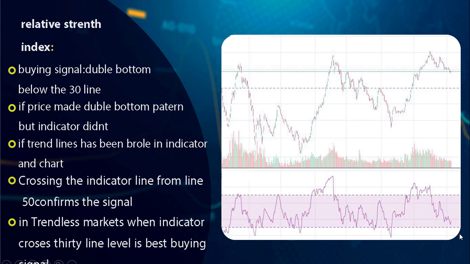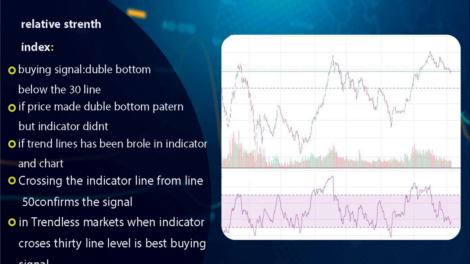Another type of buying signal that we can get from this indicator is when we have a double bottom in the price chart, but we don't have any double bottom pattern in the indicator. This one is also a buying signal that we can use in our trading strategy.